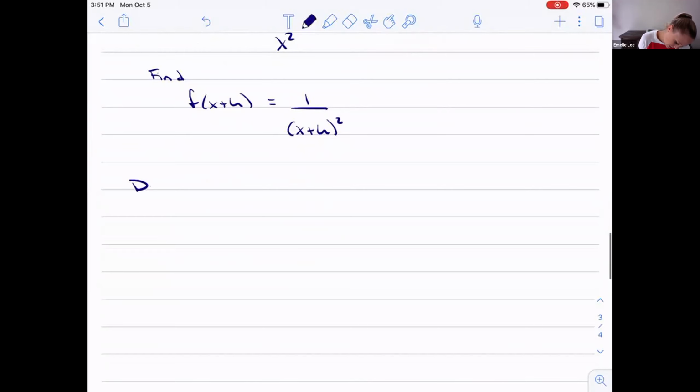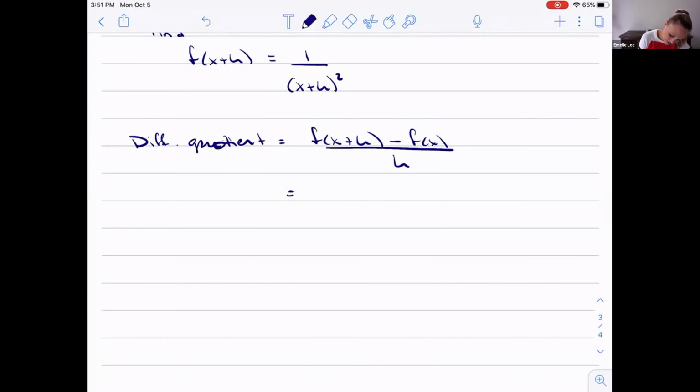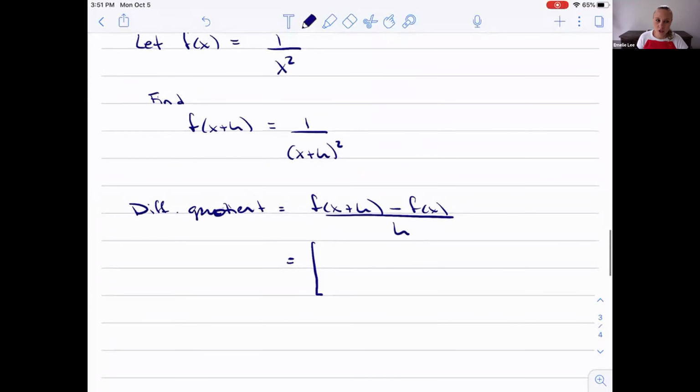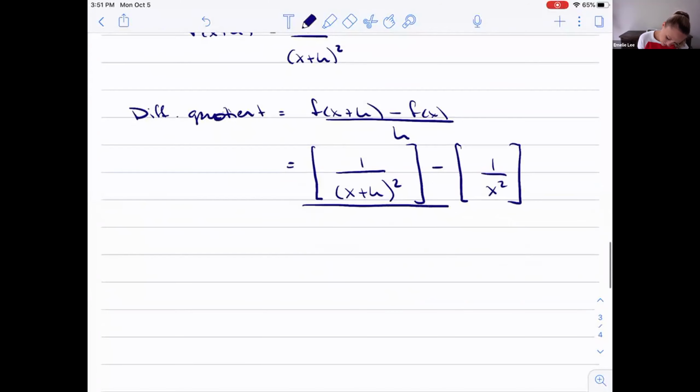The difference quotient is f of x plus h minus f of x over h, so I'm going to put big square brackets around f of x plus h, just to remind myself that this is one thing, minus, and then do the same thing for f of x, 1 over x squared, over h.